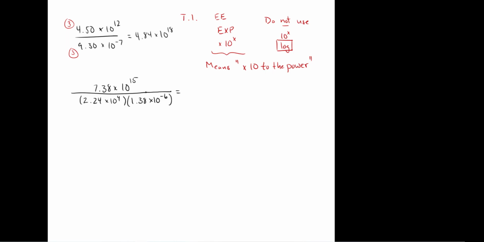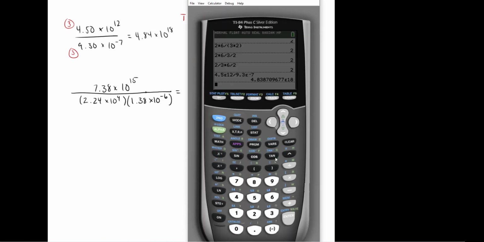So let me go ahead and go about doing that. So I have 7.38, scientific notations button, so EE 15, divide by 2.24, scientific notation button, 4.